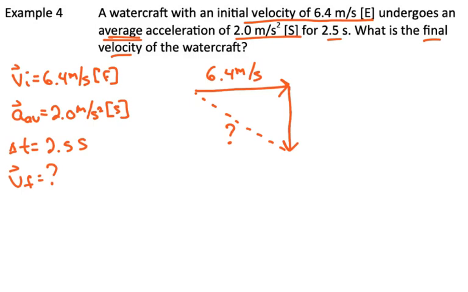Well, we know average acceleration. We know the time. We want to know the velocity to the south. And because we have average acceleration, we can use one of those simple formulas.